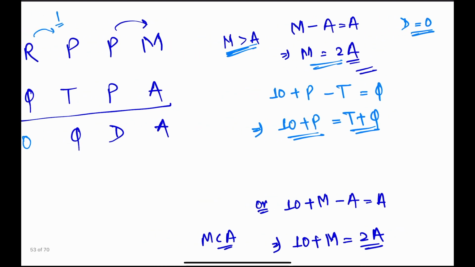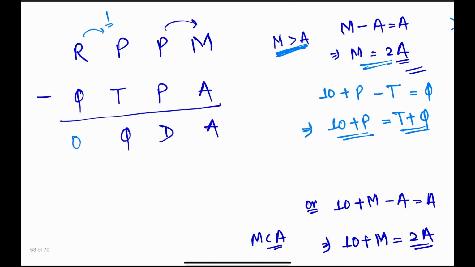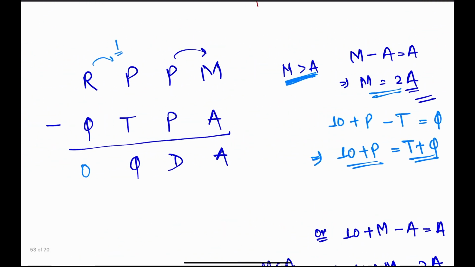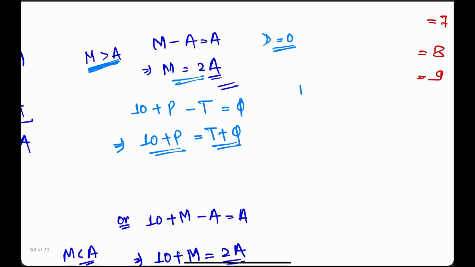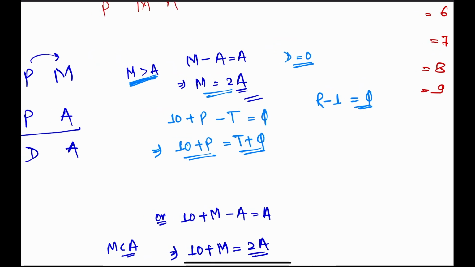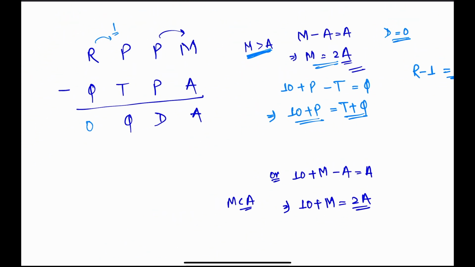Everything happens if I know the value of M. And then R, if R gives one carry, then Q will be 0. So I can say rightly that R minus 1 equal to Q. So here I can find a very good possibility of Q. So this much is done.